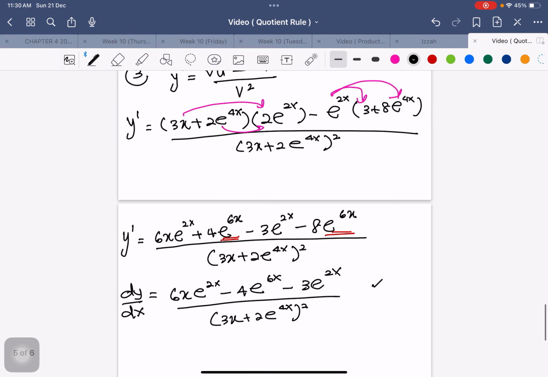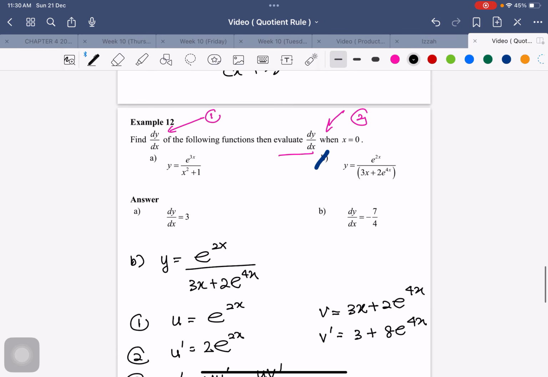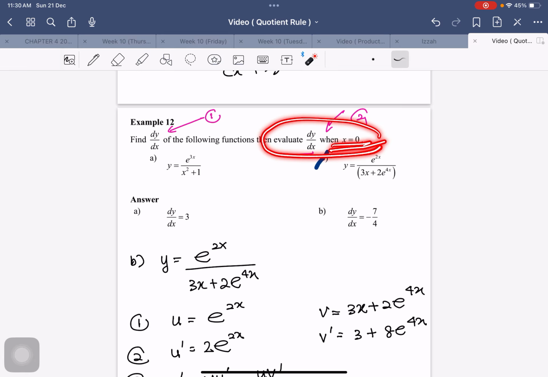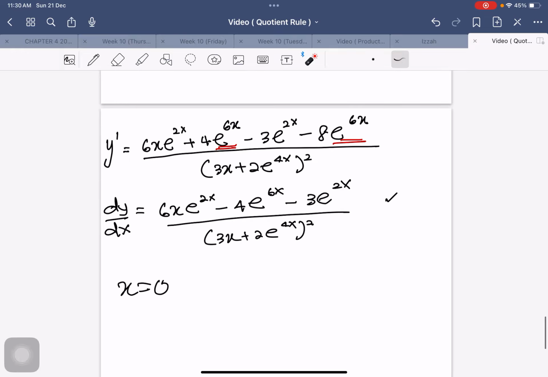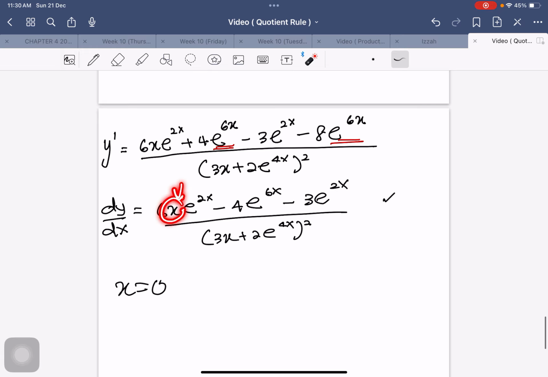The second task is they ask us to evaluate your dy dx when x is equal to 0. So, what does it mean? What it means by that sentence is, when x is equal to 0, we want to substitute. For every place that has x, we will substitute with zero. Then, you need to find your dy dx.